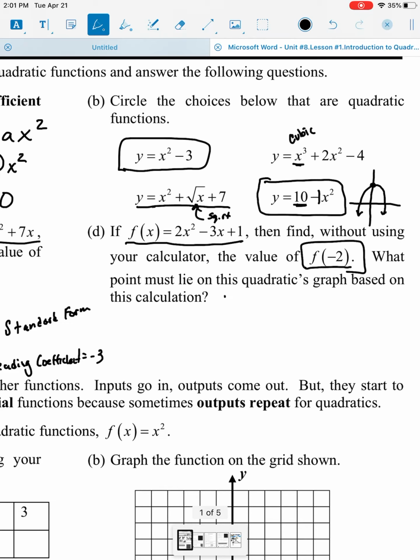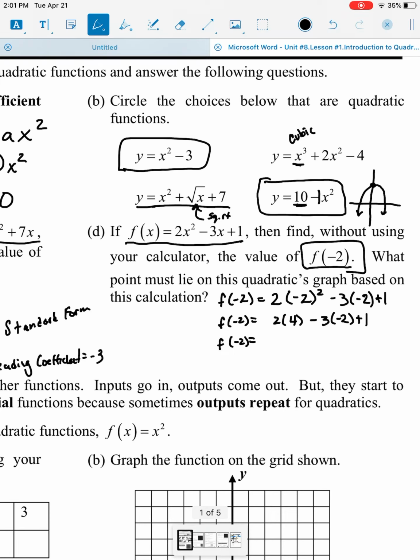So I'll do that. F of -2, and in place of every x, I'll place a -2. And I will evaluate. F of -2 equals, now according to order of operations, you should do parentheses and exponents first, so I will. -2 squared gives me a +4, multiplied by 2 minus 3 times -2 plus 1.